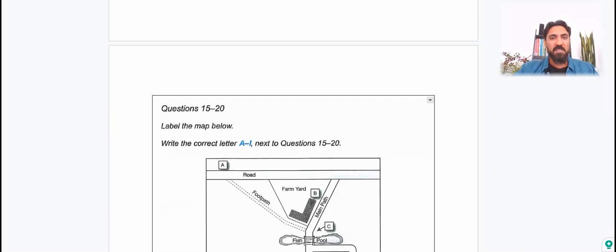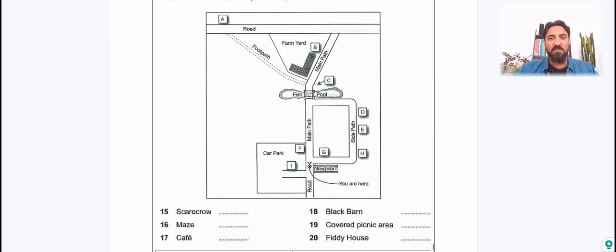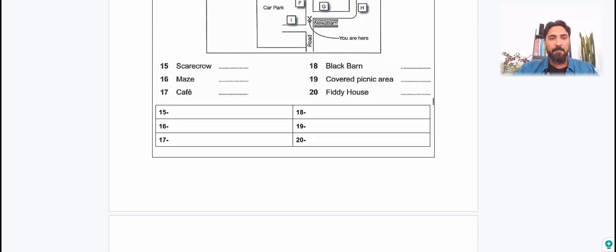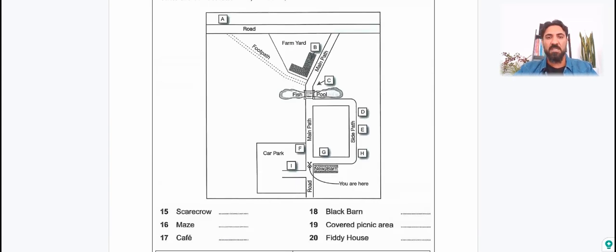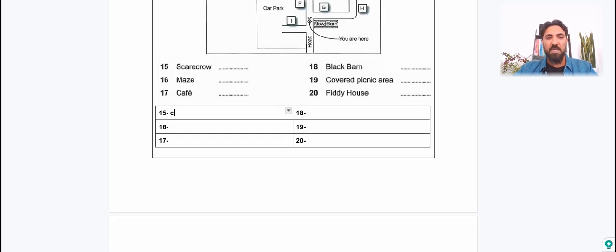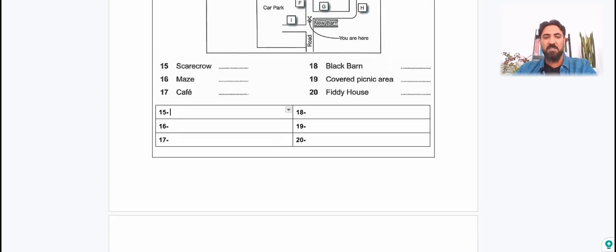So you listen and you write the different letters in front of the words that you need. All right, so this would be questions 15 to 20. And as you can see, again, the students can write the answers here. For example, the scarecrow is letter, for example, C. And then you can transfer the answers into the sheet.